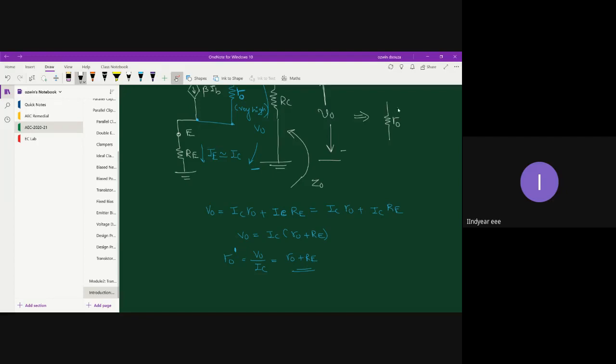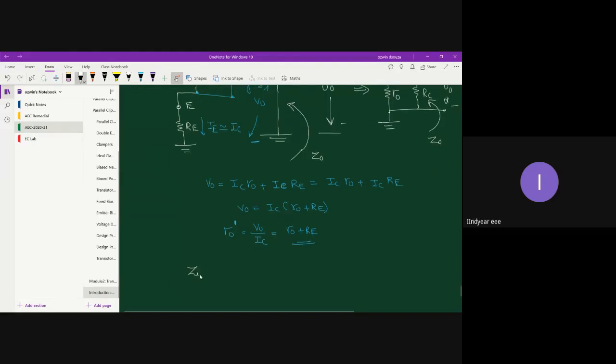Therefore, you can modify this circuit something like this. We have found R0 dash between the collector terminal and the ground terminal, and let us connect the RC resistor between collector and ground. Across this combination you are going to observe your output, and this will be your output impedance Z0.